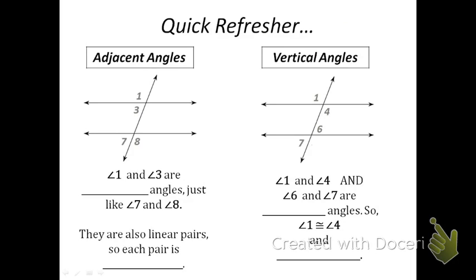Okay, so I fixed the mistake. Actually, I fixed it on this lesson, I didn't fix it on the previous one, so my apologies. What I meant to say was that adjacent angles like angle 1 and 3 or angle 7 and 8 are side by side, so they are adjacent angles.